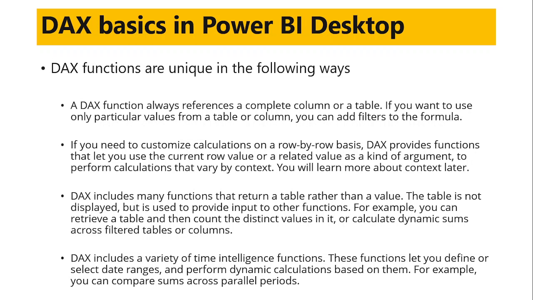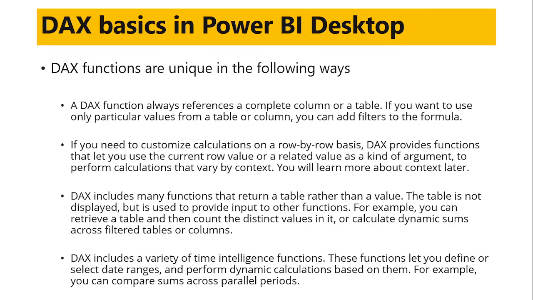So what is unique in DAX functions? A DAX function always refers to a particular column or a table. And if you want to use only particular values from a table or a column, you can add filters to that formula itself.